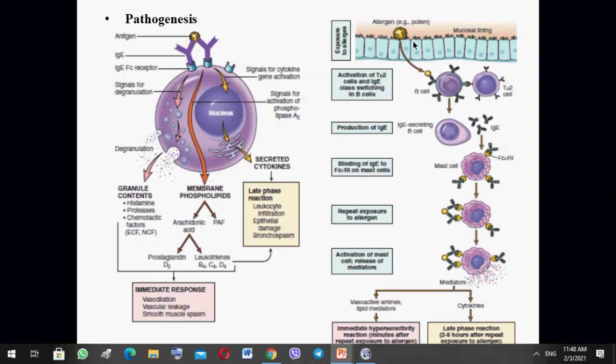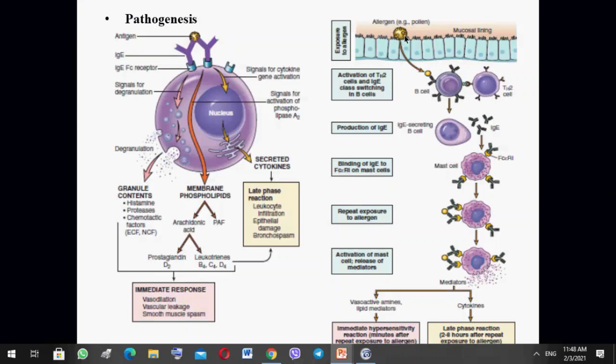So in this type of reaction, the body will be exposed to a certain substance like pollen, or a certain type of diet, or anything in the weather, or anything that is foreign to our body. We call it allergen.